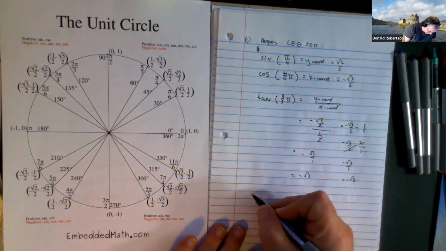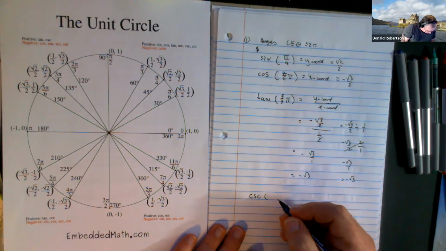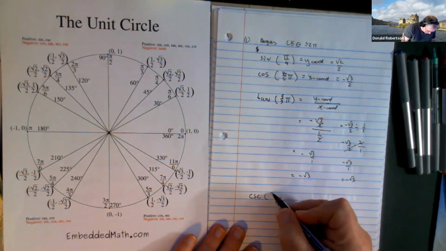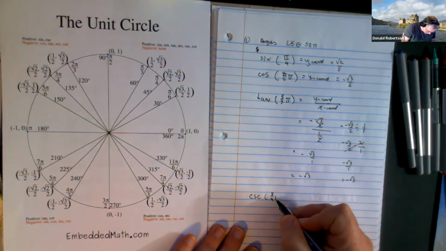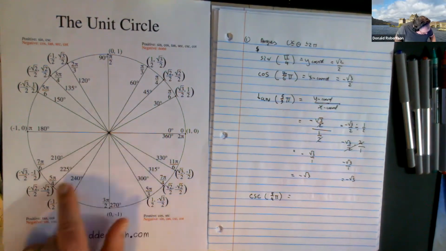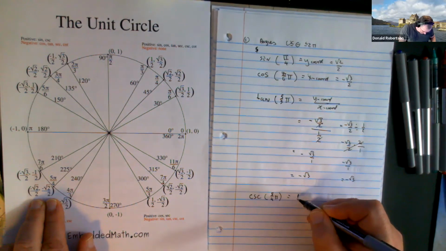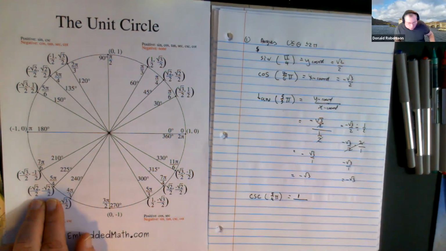How about the cosecant of 5/4 pi? Well, I find 5/4 pi, it's this guy. What is the cosecant? 1 over which coordinate?